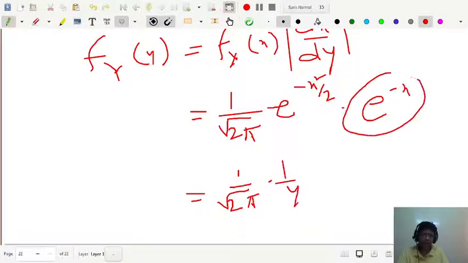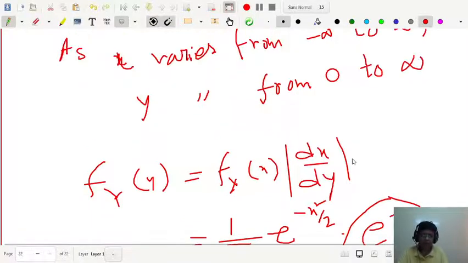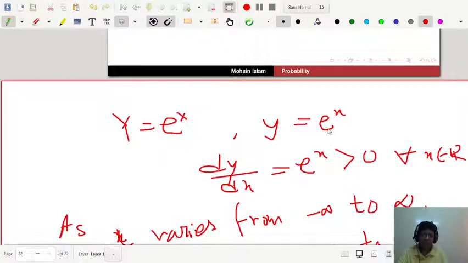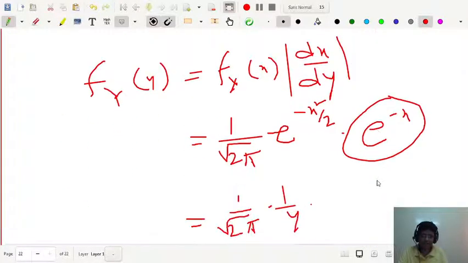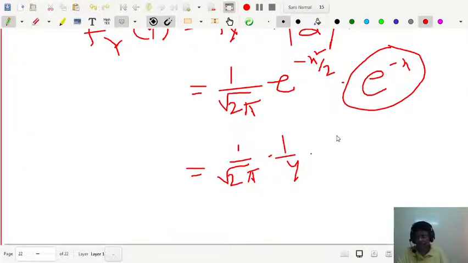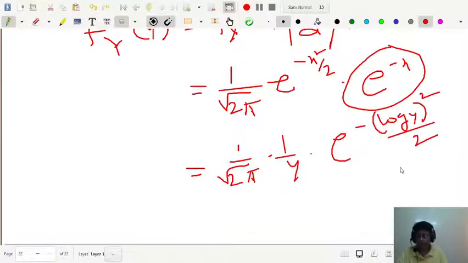And x will be given by log y, because e to the power x is y, then x is your log to the base e. So this can be written as e to the power minus (log y) whole square by 2, that is ln actually, not base 10.